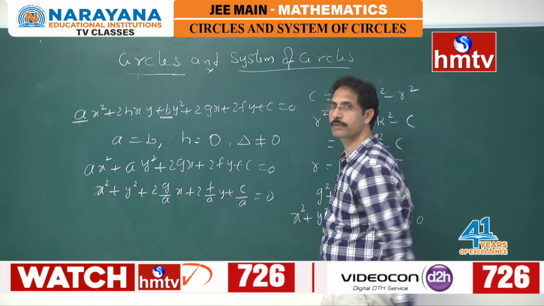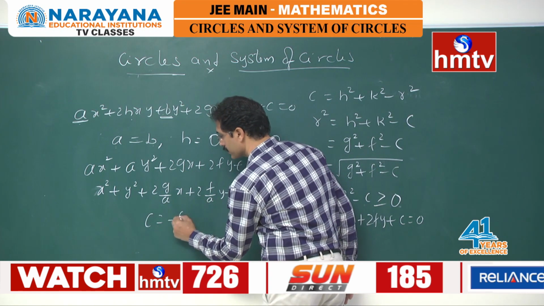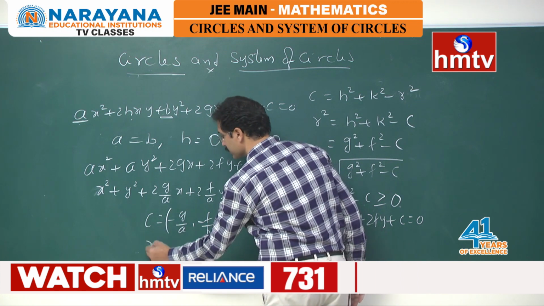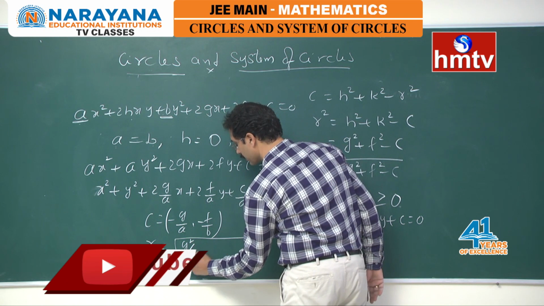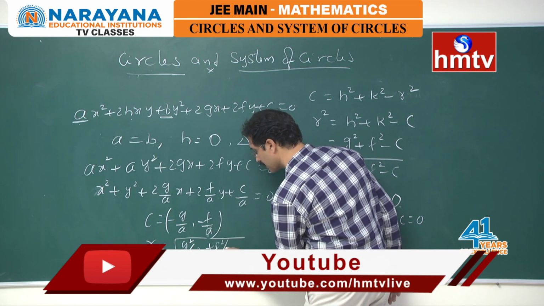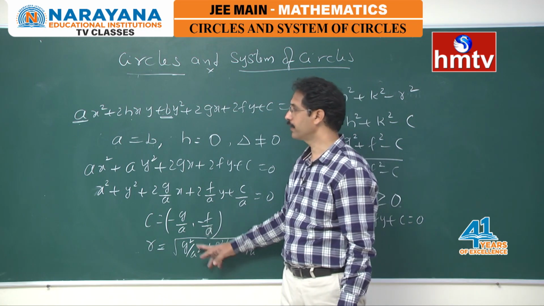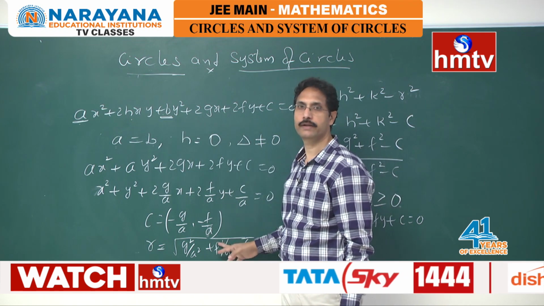It is our equation of the circle, where the center is (−g/a, −f/a), and the radius is √(g²/a² + f²/a² − c/a). In this way, center and radius we can write, okay, for this equation when it represents a circle.